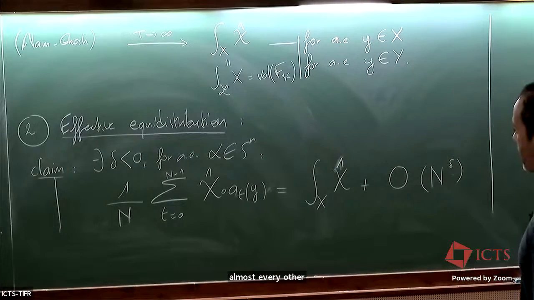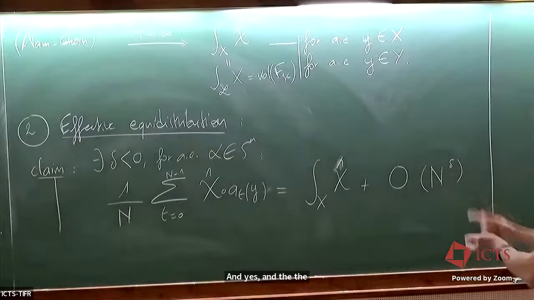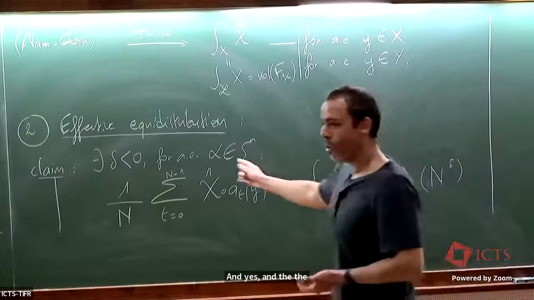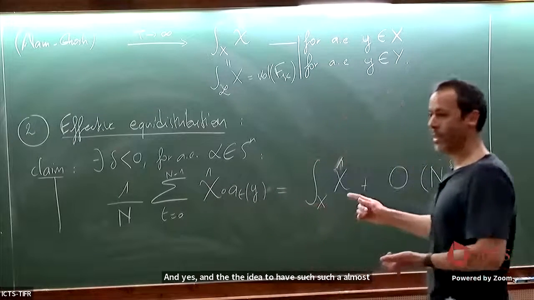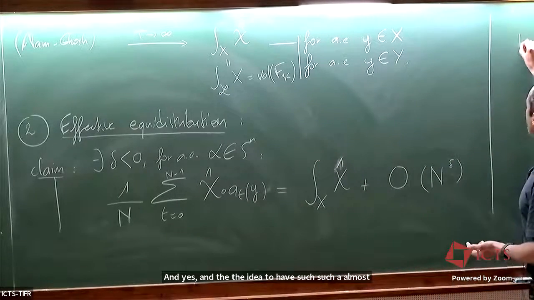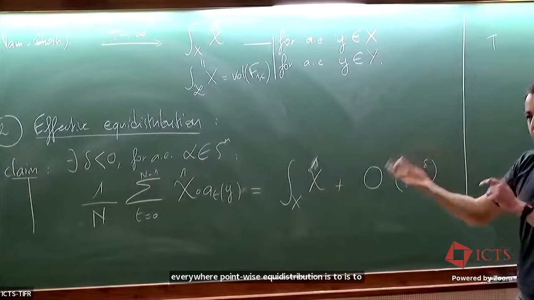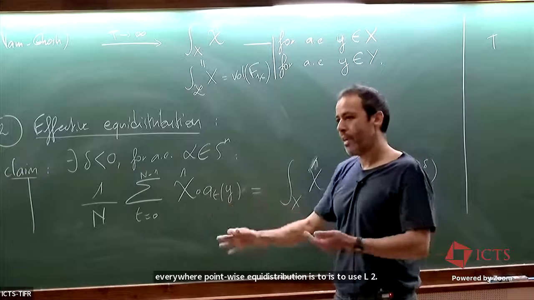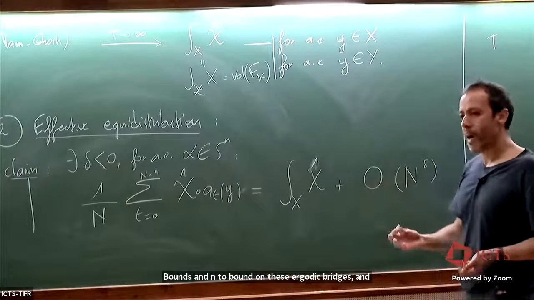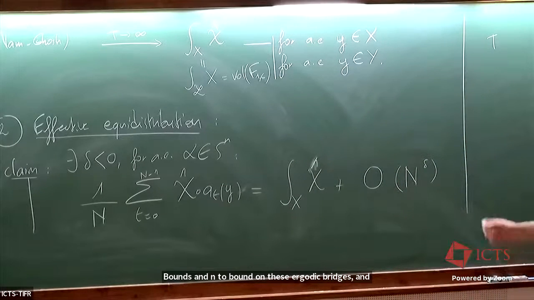And the idea to have such almost everywhere pointwise equidistribution is to use an L2 bound on these ergodic averages and derive an almost everywhere bound on these ergodic averages.